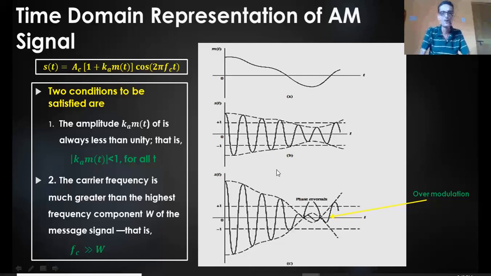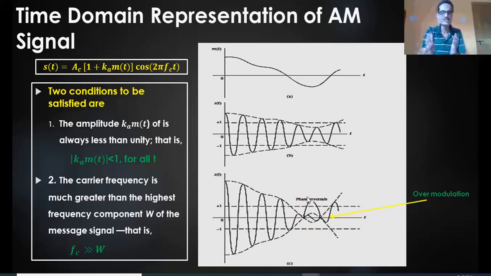That happens when Ka-M of t is more than 1. If the magnitude of Ka-M of t is less than 1, we get a perfect modulation, which is called under modulation. If Ka-M of t is equal to 1, or mu is equal to 1, we call this 100% modulation. If mu is more than 1, we get over modulation, where there is a possibility of distortion. So we need to avoid this.